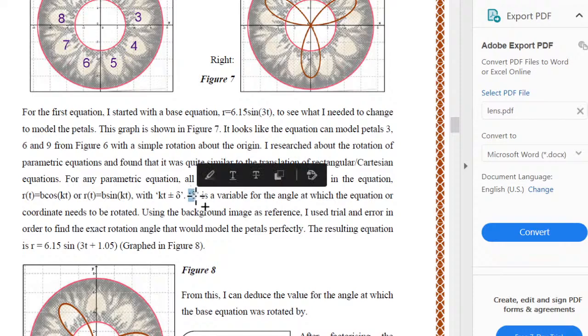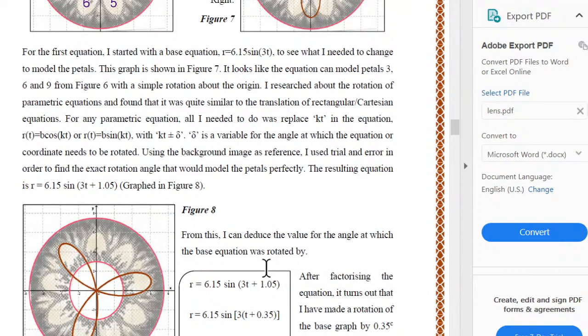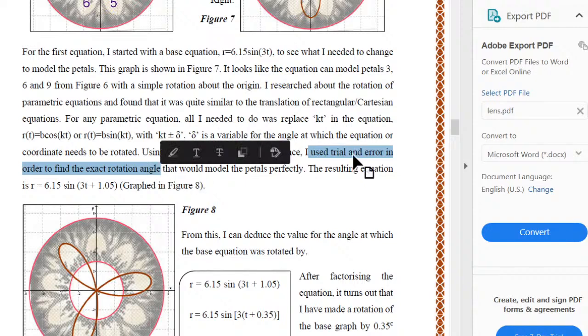Where they define what delta is, the variable to be rotated. So it's how much to rotate this. Right. Using the background image for reference, use trial and error. This will be an oxymoron. Okay, you don't use trial and error to find exact numbers.